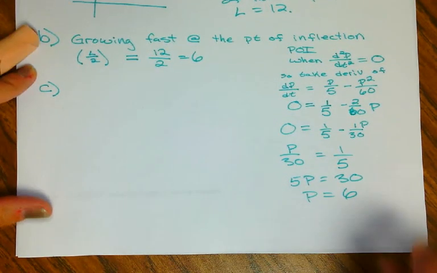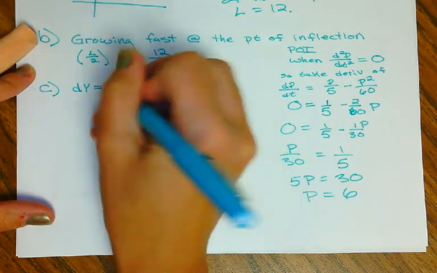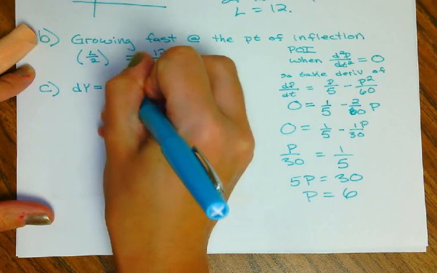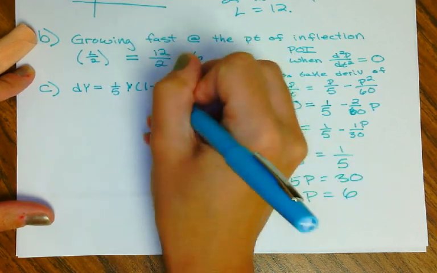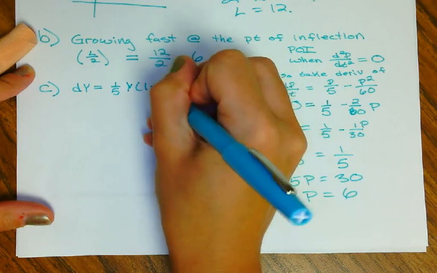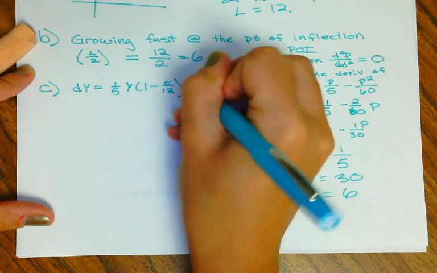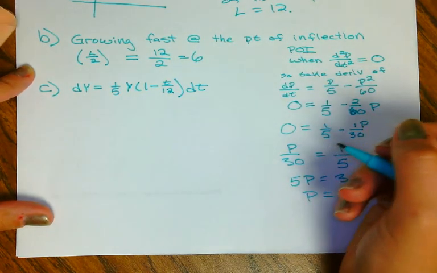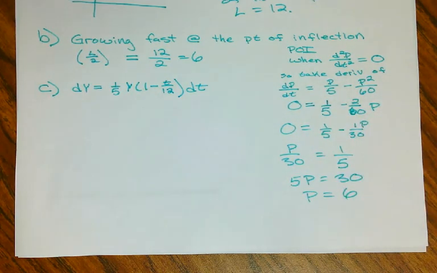If I multiply both sides by dt, I'm going to get dy equals 1/5 y times the quantity 1 minus t over 12, dt. The technique of separation of variables means you want to get all your y's on one side and all your t's and dt's on the other.